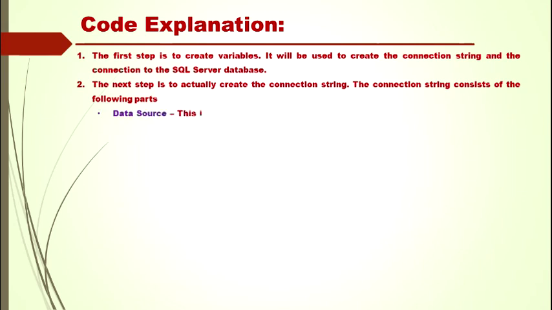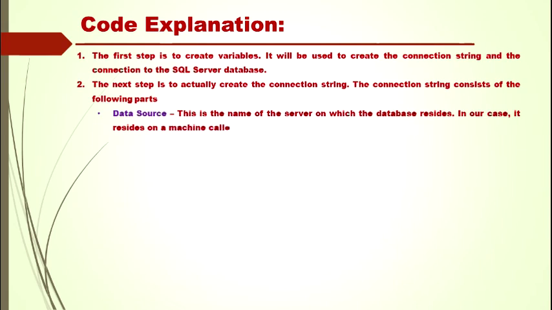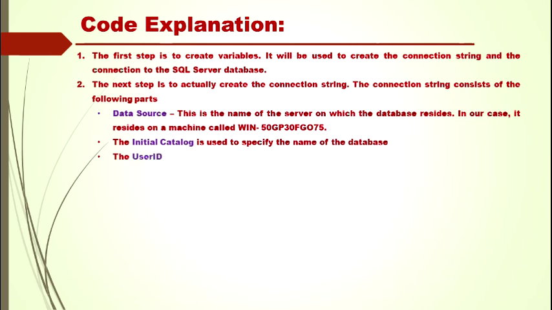First, data source. This is the name of the server on which the database resides. In our case, it resides on a machine called Win50ZP30FZ075. Then the initial catalog is used to specify the name of the database.